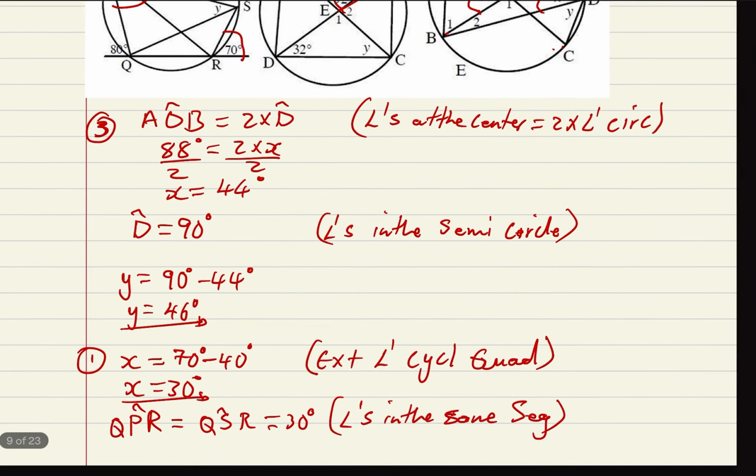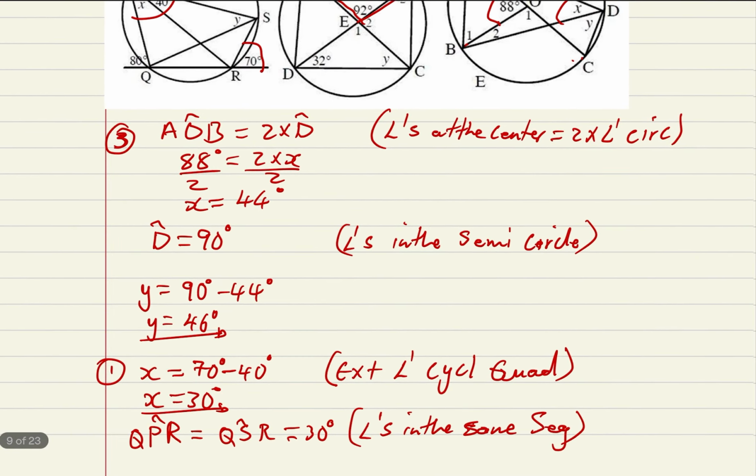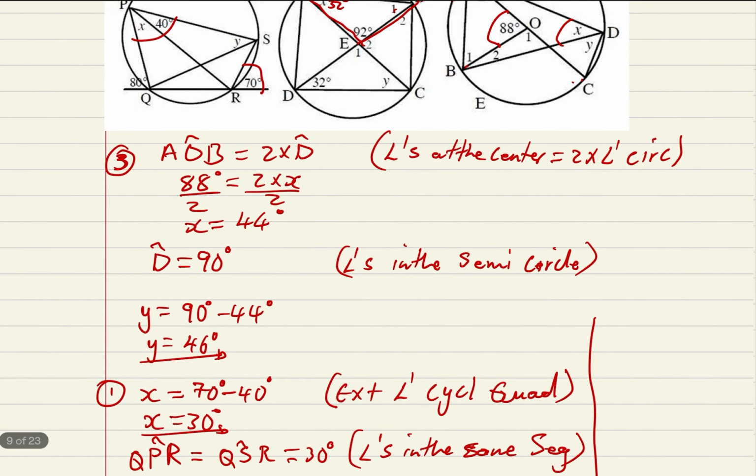Okay, if it's so, now let me continue here at the side. That means when I say y is equal to 80 degrees minus 30 degrees, the reason here will be an exterior angle of a cyclic quad.